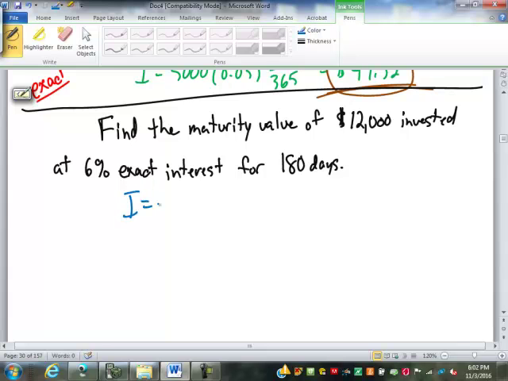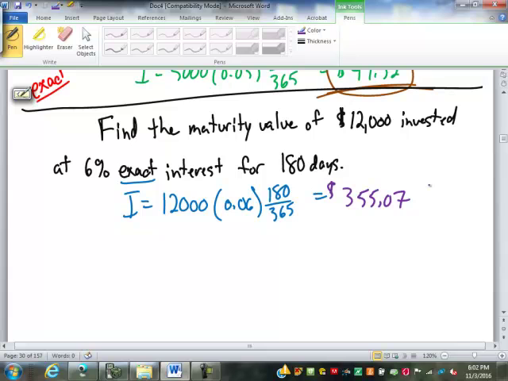So we're going to find our interest first on the principal of $12,000, rate of 0.06 times 180 over 365. It does say exact. What does that give us for interest? 355 and 7?